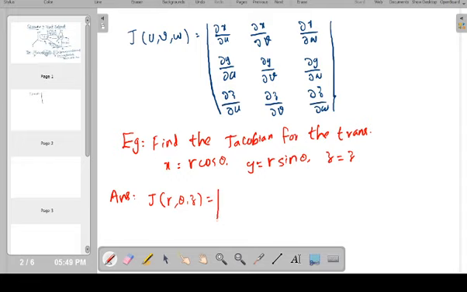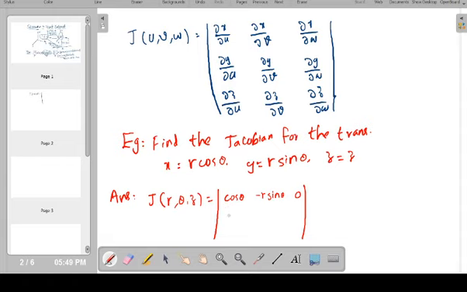So the Jacobian is the determinant. Dou x by dou r is cos theta. Dou x by dou theta is minus r sin theta, and dou x by dou z is 0.